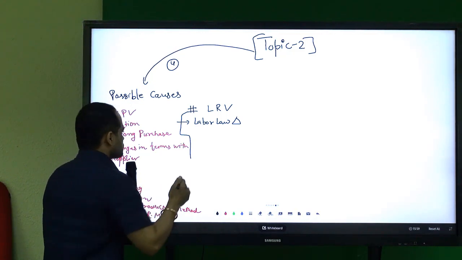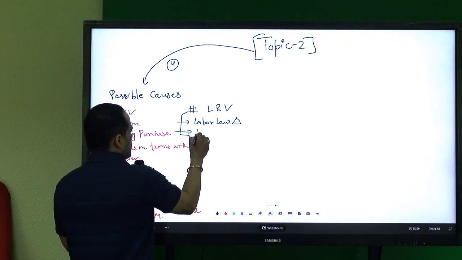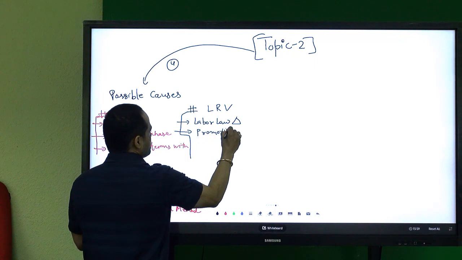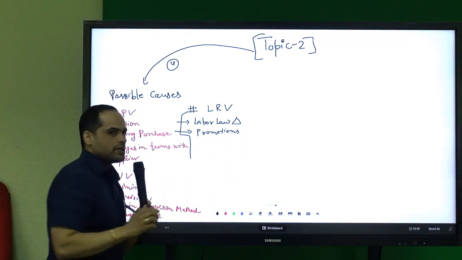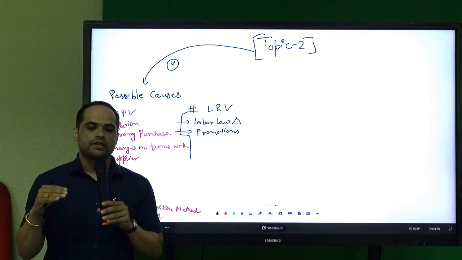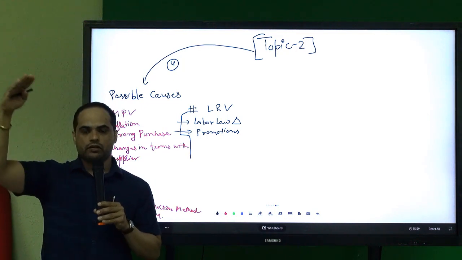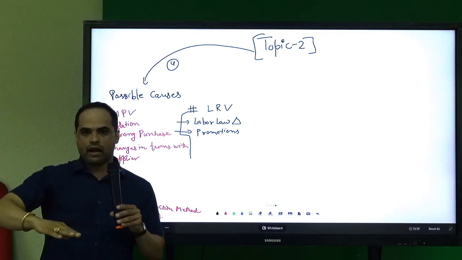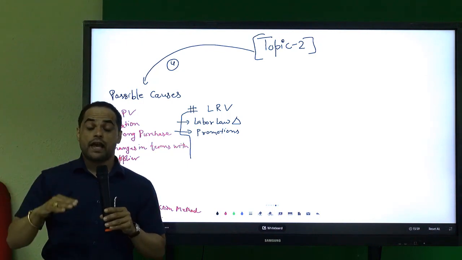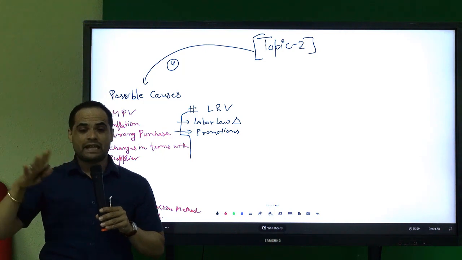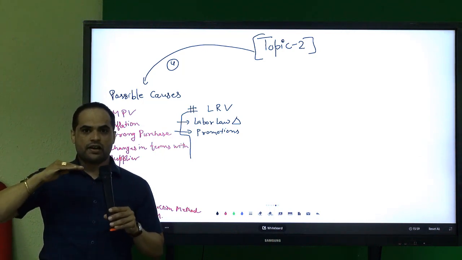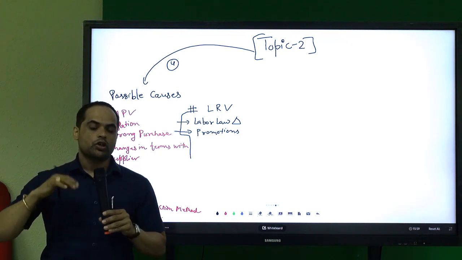Next one is worker promotions. As we know, in organizations we have different levels. The lowest level is the workers, then foreman, then supervisor, then production manager, and so on. The company pays them salary or wages as per their level and rank.